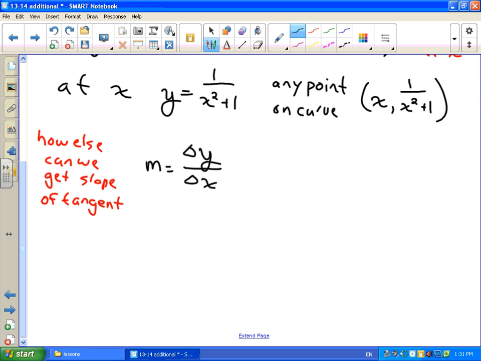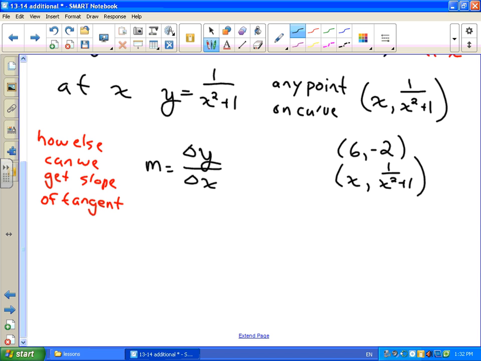Well, we know that our tangent goes through the point (6, -2), and we know that at the point where our tangent just touches our original function, the coordinate can be represented by this expression that we have just above.